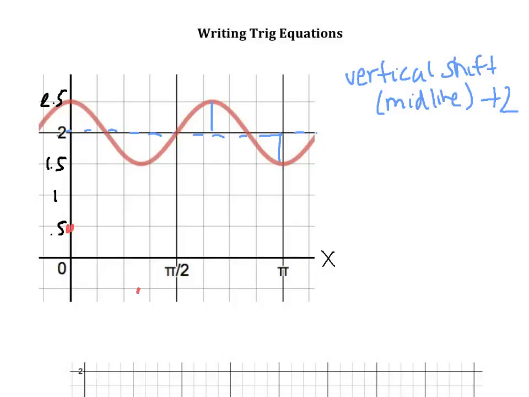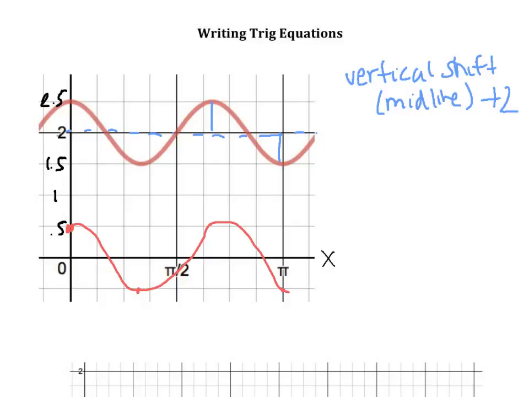Instead of 2.5 here, I'm going to go down to 0.5. And then instead of 1.5, I'm going to go down to negative 0.5. So this is somewhat what my new graph looks like without that vertical shift.